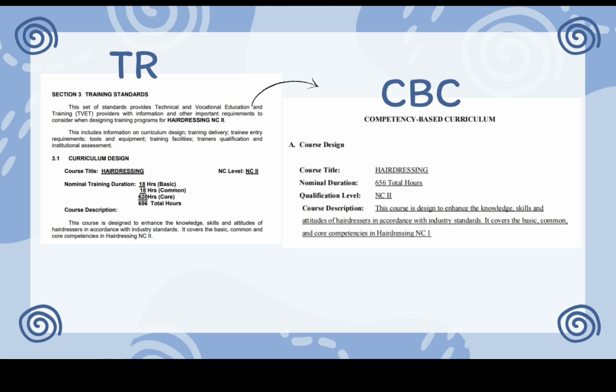The training program is divided into three main competencies, which are basic competencies, common competencies, and core competencies. Through this course, trainees will learn important salon services such as hair care, hair cutting, hair coloring, hair perming, hair bleaching, hair straightening, and other related hair treatments. These competencies help prepare trainees to become competent and professional hairdressers in the industry.